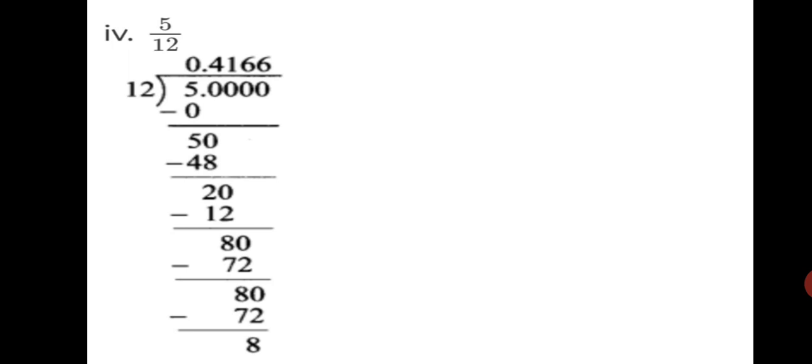So 12 zeros are 0 we start with, 5 comes down. Now since 5 is operated, we will take a decimal point in the quotient next to 0, 0 point, because after 5 is a point. Now your 2 zeros you must have written, or 3 or 4, that depends upon as we solve.